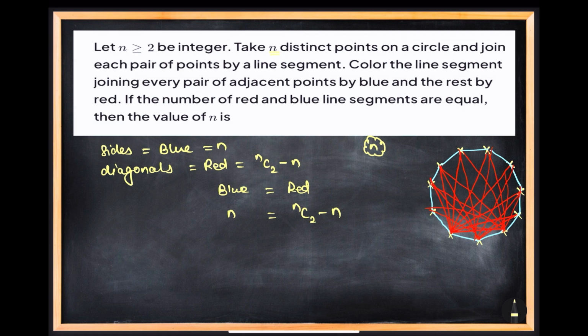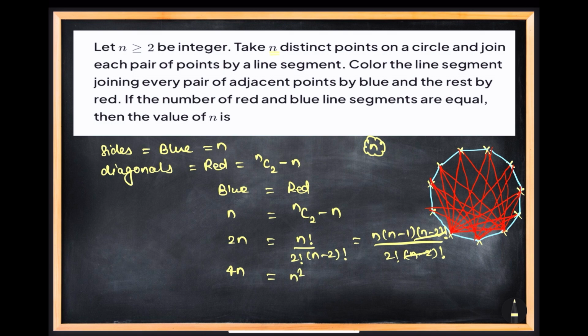Now can I write 2n is equal to n factorial over 2 factorial times n minus 2 factorial? Now you can write n factorial as n times n minus 1 times n minus 2 factorial, over 2 factorial n minus 2 factorial. This thing is gone. So it is 4n.